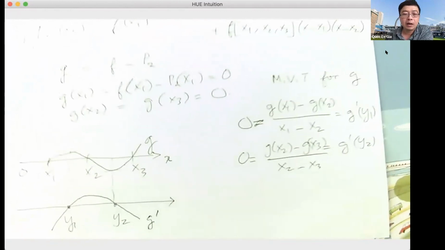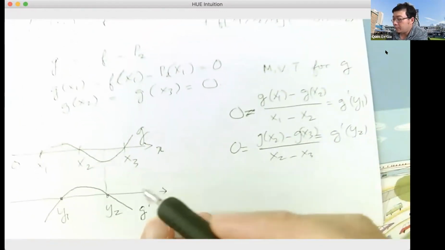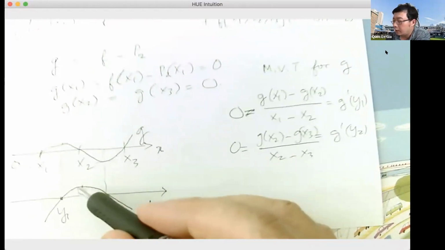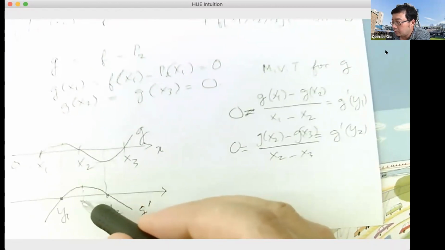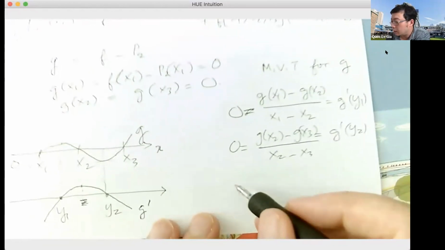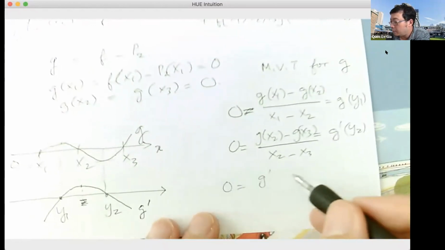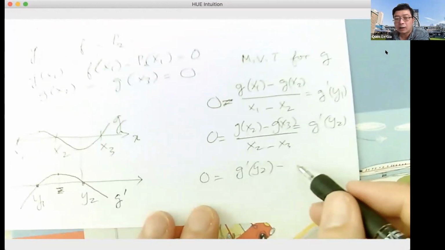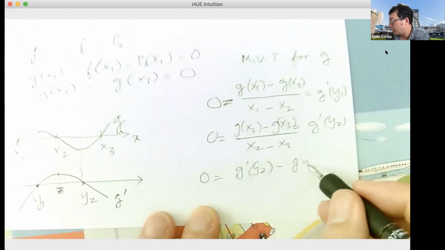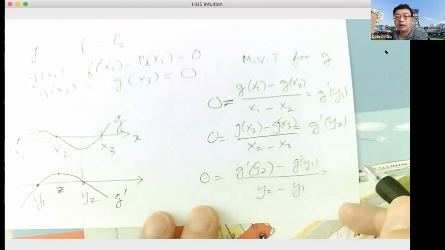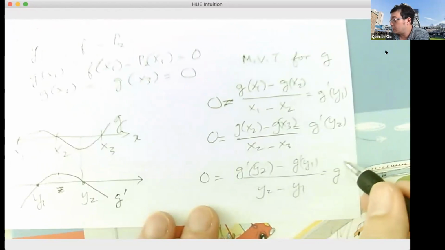But now I apply the mean value theorem again for g prime. Then I get, say, this one is z. So 0 equals g prime at y2 minus g prime at y1 over y2 minus y1, which equals g double prime at some point z.